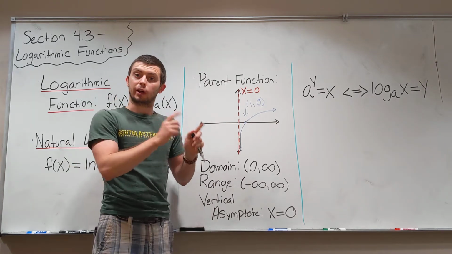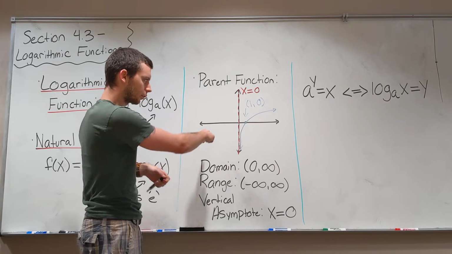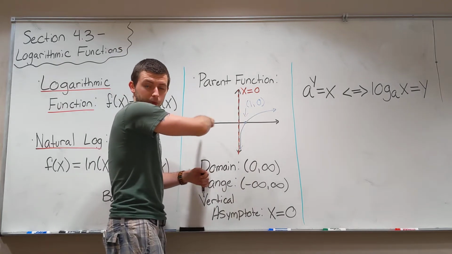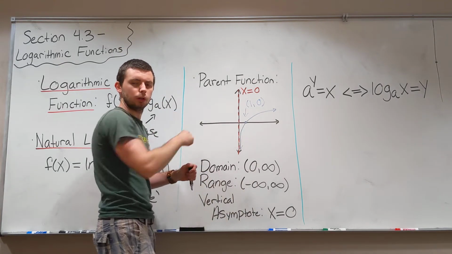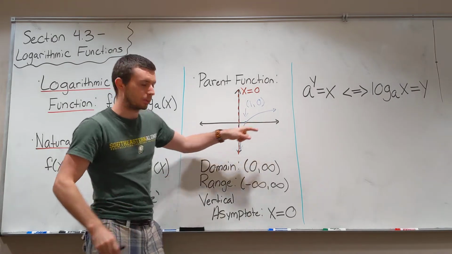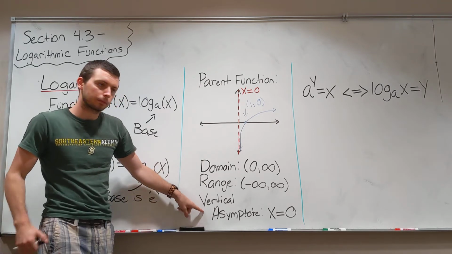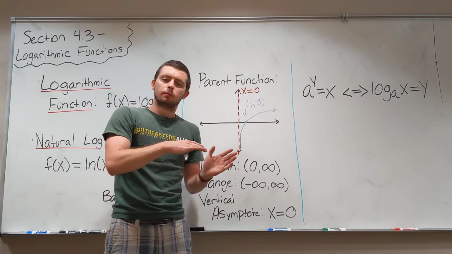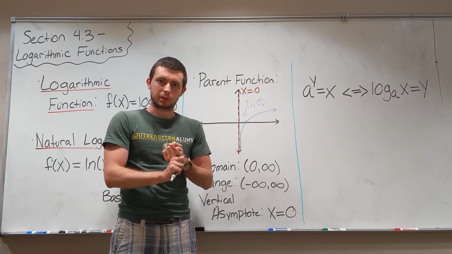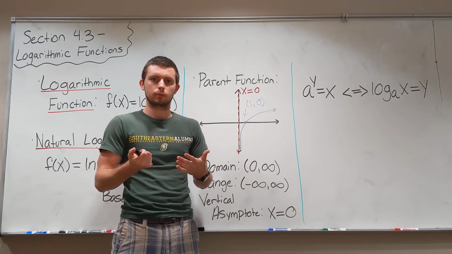Everything about exponentials swaps. Before, exponential had a horizontal asymptote at y equals 0, but since x's and y's swap, that horizontal asymptote becomes x equals 0. Notice I have that written down here. Before, the domain of exponential functions was all real numbers.